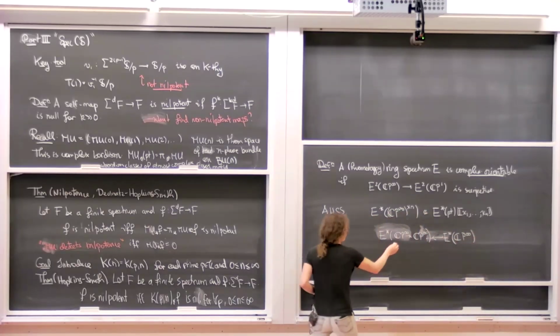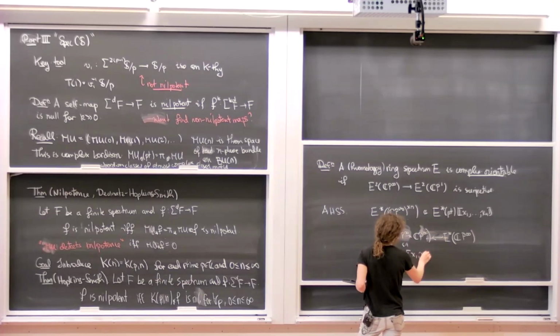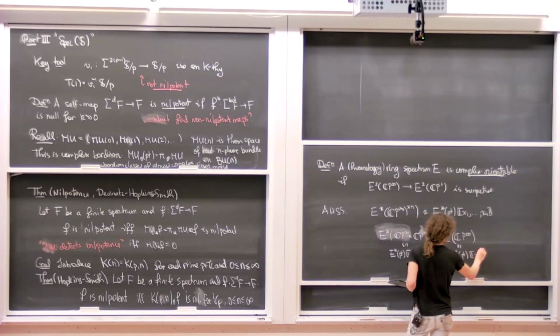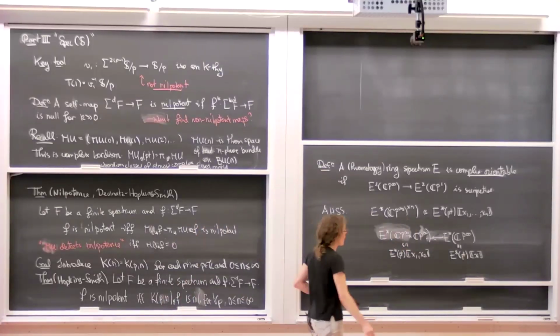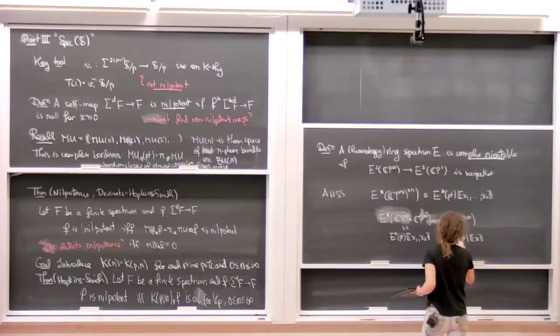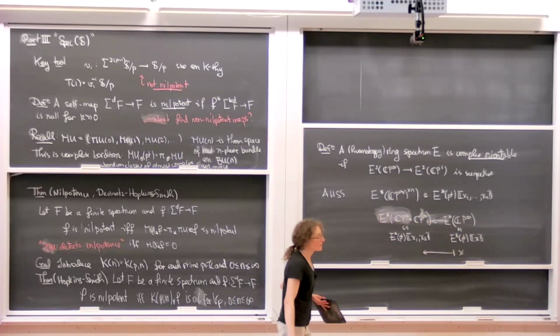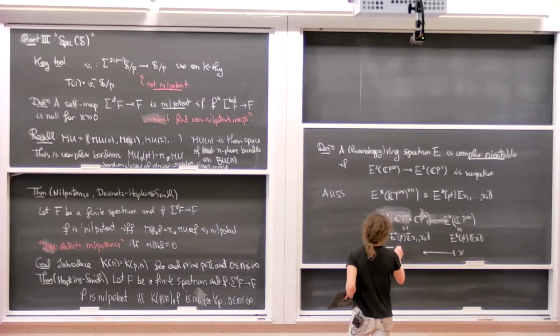Up there I get E star of a point on two variables, and this is E star of a point on one variable. My map has to send my generator X to a power series in two variables, so I'm going to call it F_E(X1, X2).